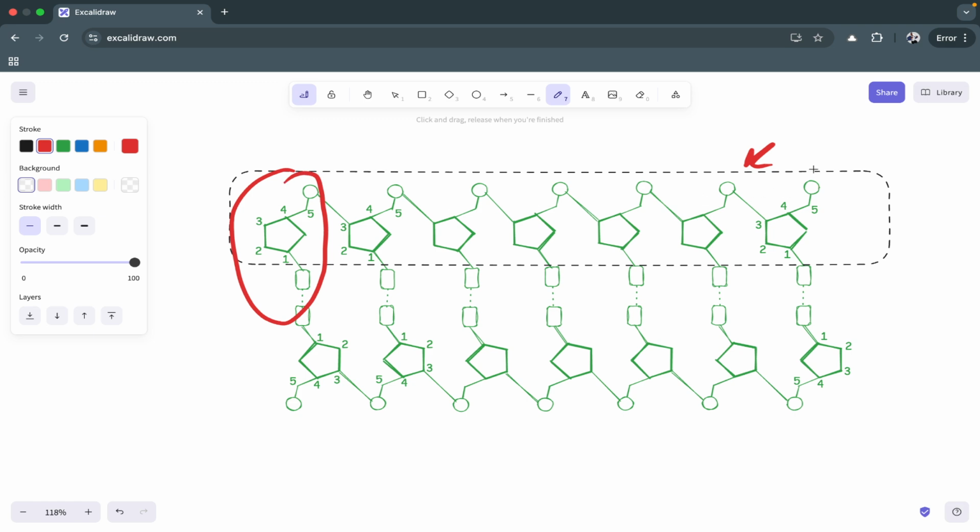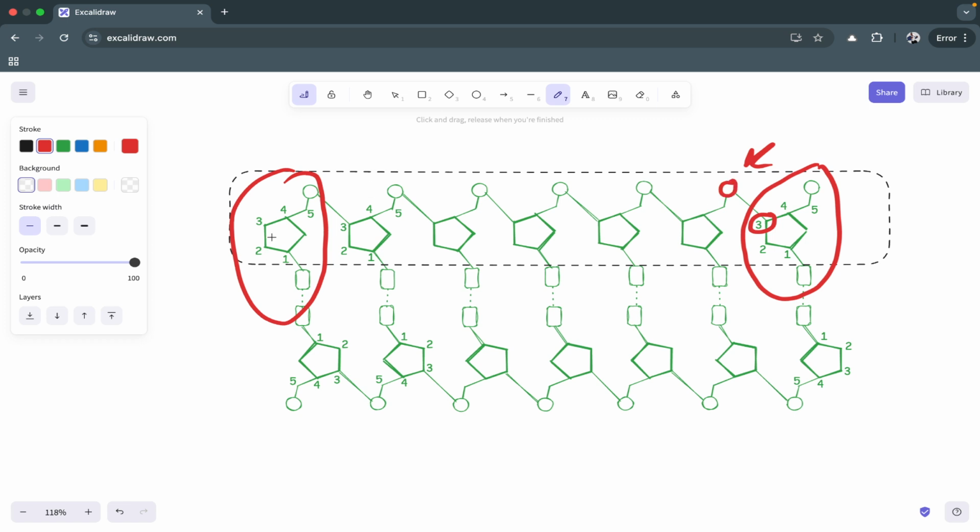And in the rightmost end, we have this nucleotide, which is terminating this chain, right? If you see in the rightmost end, this third carbon atom is engaged with the phosphate group of the previous nucleotide. So this third carbon atom is not free; it is making a bond with the phosphate group of a different nucleotide.